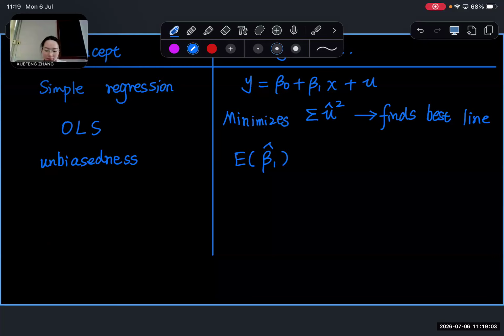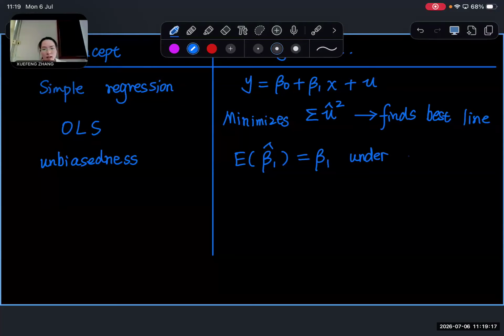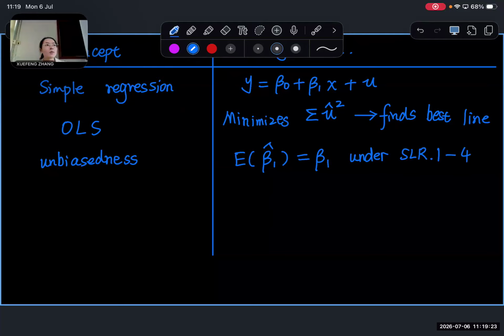So the expected value of beta 1 hat equals the true beta 1. That means this is the unbiasedness, okay? But under some assumptions, under simple linear regression assumptions 1 through 4, okay? We need those 4 assumptions in order to prove that the OLS estimator is unbiased.